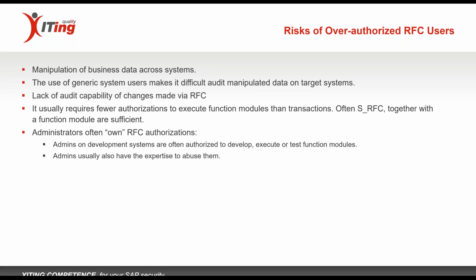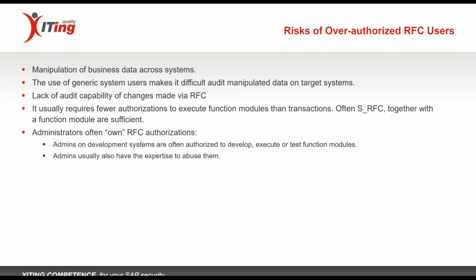You can maybe do it via security outlook by comparing timestamps, etc. But it's very hard to audit these changes made. And of course, if you have a lot of authorizations in these system users, you can just use an SE37. That's the fourth and fifth point here.